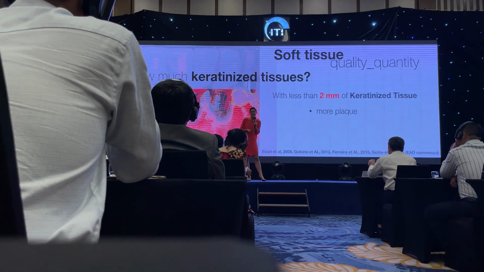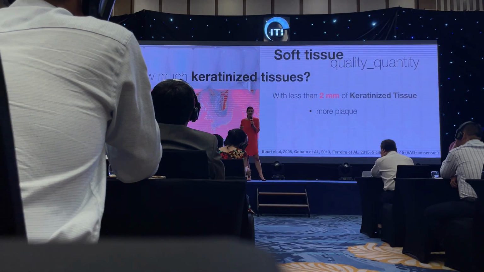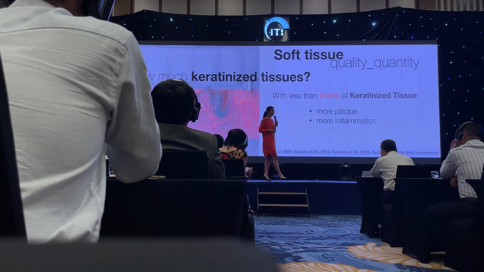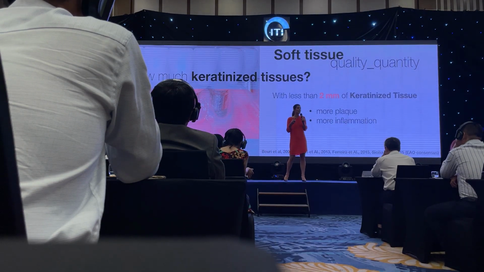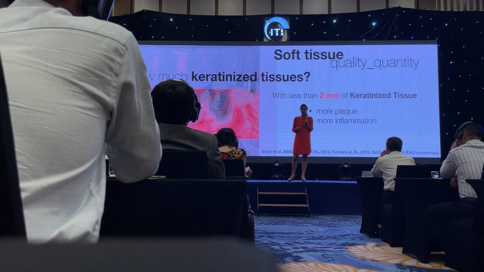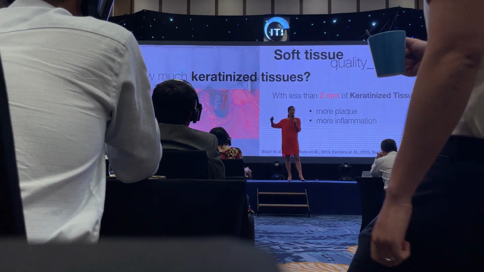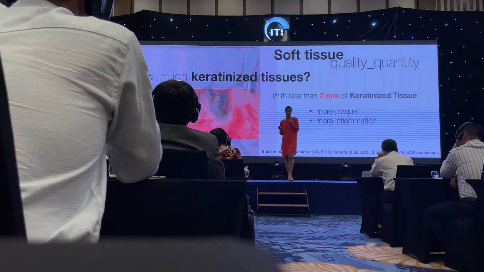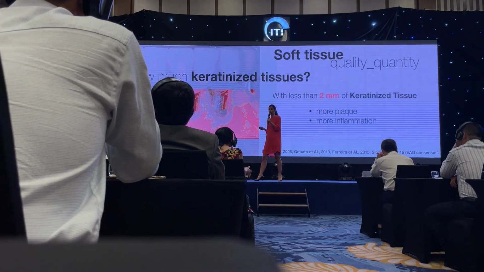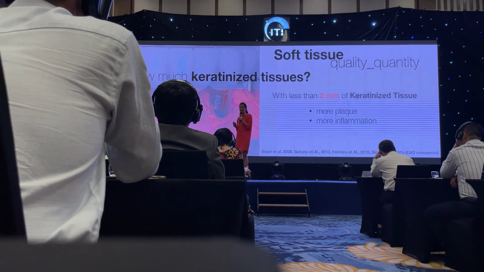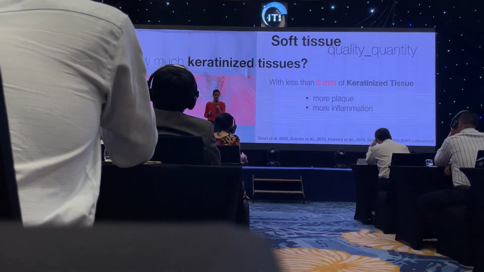Plaque means inflammation. There is also evidence that there is more inflammation if you have a limited quantity of keratinized tissue. This is not on my slide, but there is also evidence that there is less comfort for the patient with less than 2 millimeters of keratinized tissue.